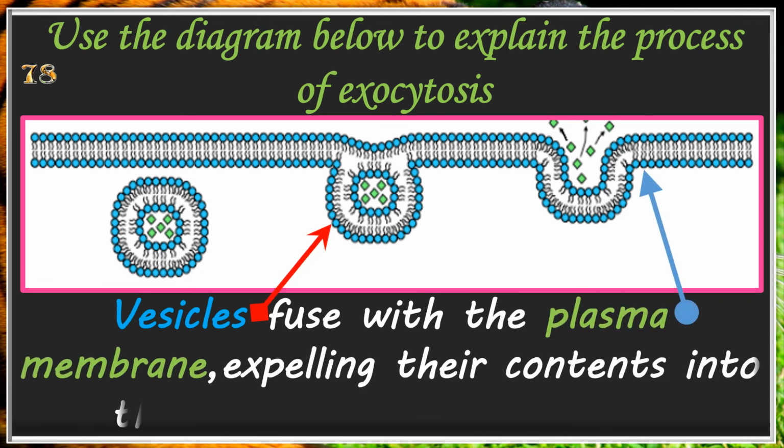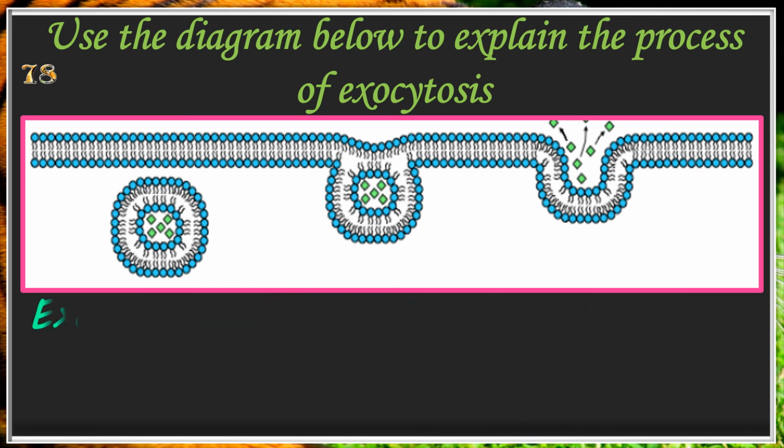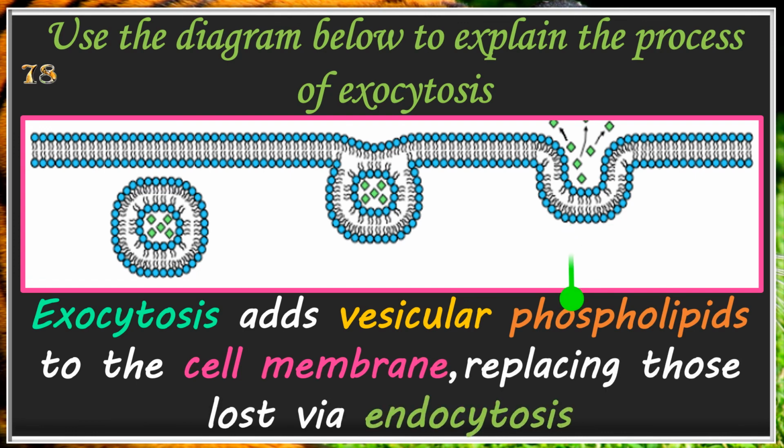Vesicles fuse with the membrane of the plasma, expelling their contents into the extracellular environment. Exocytosis adds vesicular phospholipids to the cell membrane, replacing those lost via endocytosis.